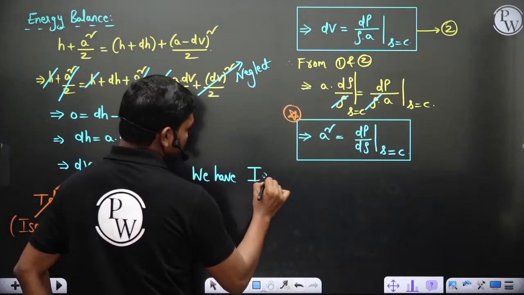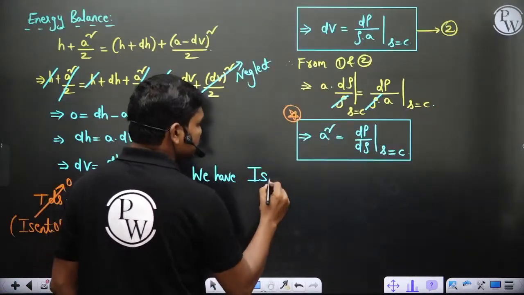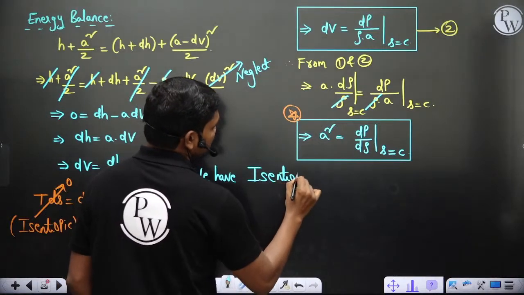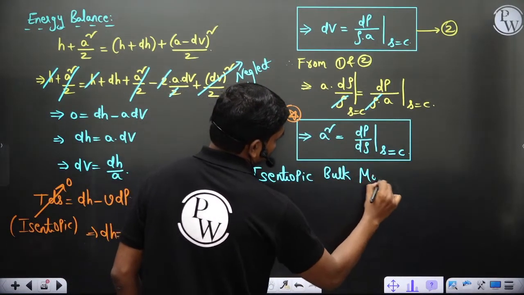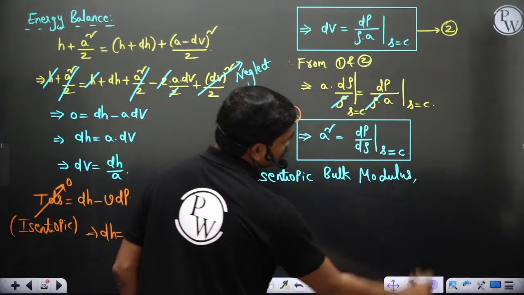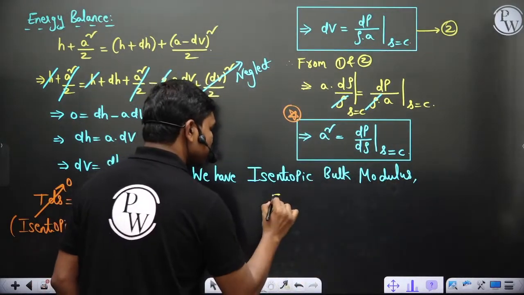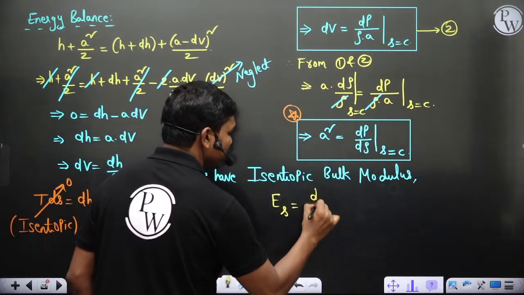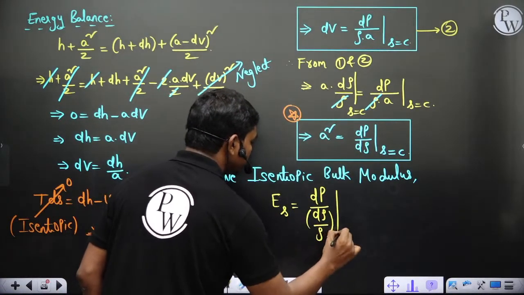Then normally we have the isentropic bulk modulus, because if this fluid is undergoing some compressibility effect, we can relate that to the isentropic bulk modulus. Es is equal to dp by d rho by rho at isentropic conditions.